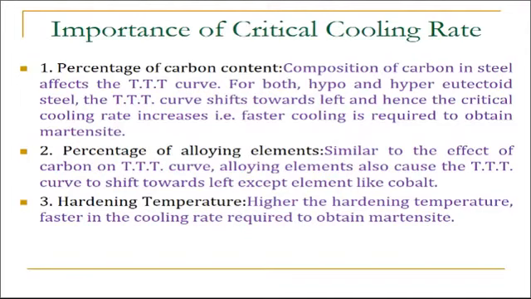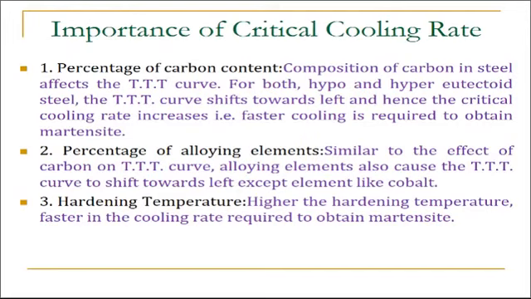So, the factors which are important for critical cooling rate: first one is the percentage of carbon content. The composition of carbon in steel affects the TTT curve. For both hypo and hypereutectoid steel, the TTT curve shifts toward the left and hence the critical cooling rate increases. A faster cooling rate is required to obtain martensite. The second point is the percentage of alloying elements.